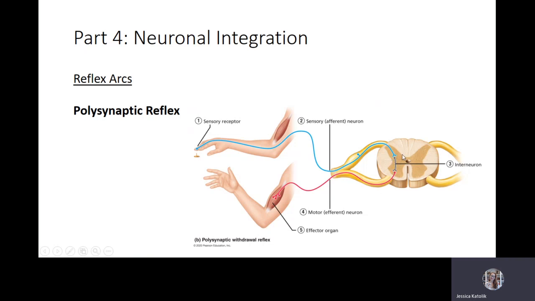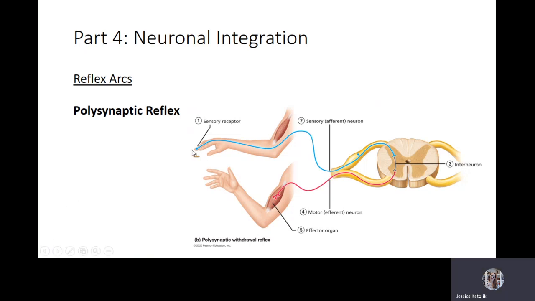So one, the interneuron is present here. That is one significant difference. And secondly, you have more than one synapse. Here you have two synapses. So that's where polysynaptic reflex gets its name. It has many synapses.